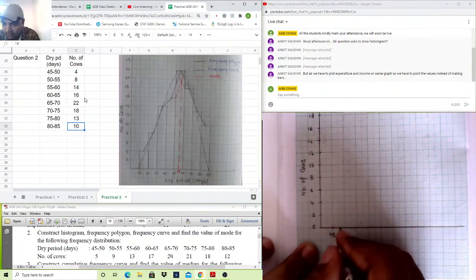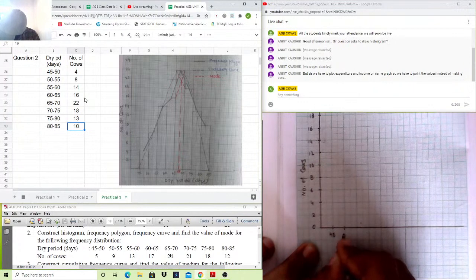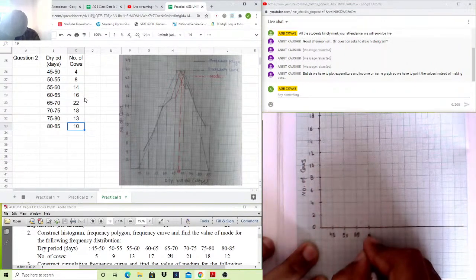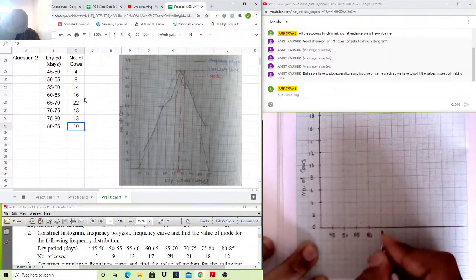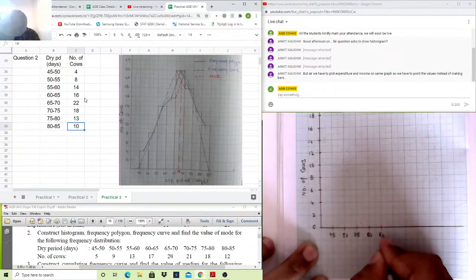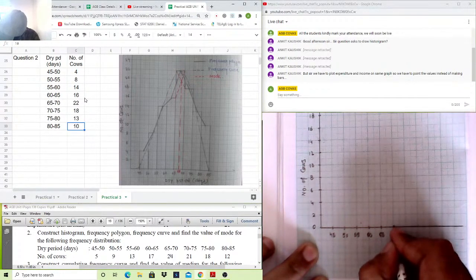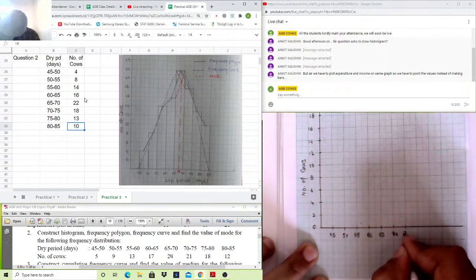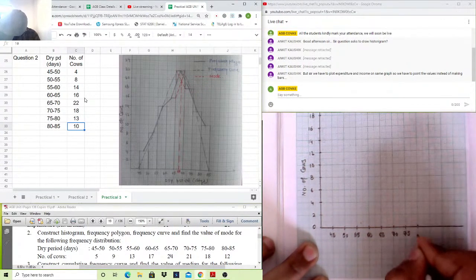Then the second one is 50, and the next is 55. Then 60, and this one is 65, and one is 70. Then comes here 75.